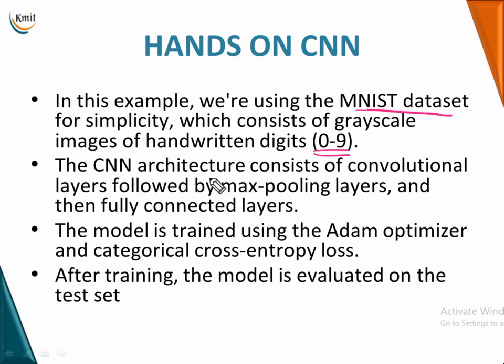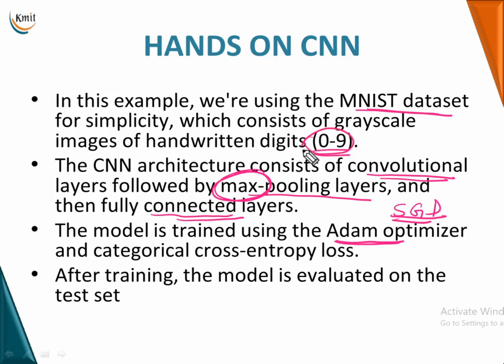The CNN architecture is typically going to constitute convolutional layers followed by a pooling layer. Here I have chosen max pooling as a strategy, and I am also going to use dense layers or fully connected layers. This particular model is trained using Adam as an optimizer. You can also try this with an SGD, stochastic gradient descent, optimizer.